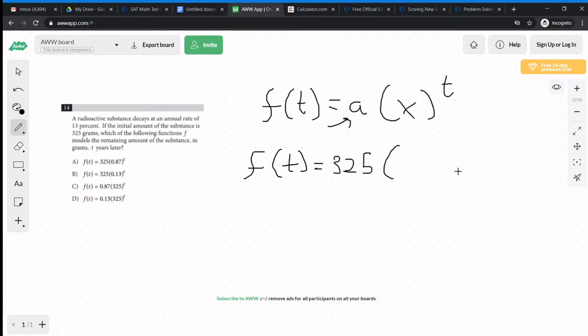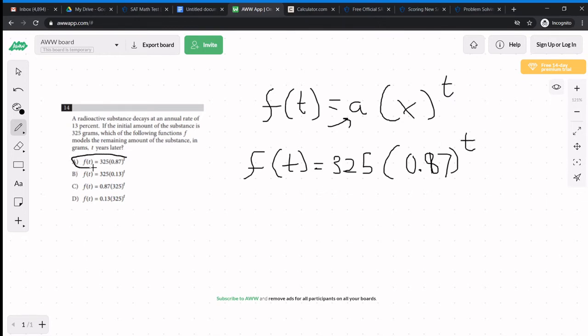And then this x is going to be however much it changes by. Decays at an annual rate of 13%. Decays, that means it's going down. That means it's going to be 0.87, right? 1 minus 0.13 is 0.87, to the power of t. And that's going to be our answer.